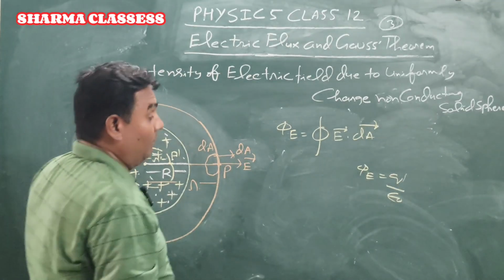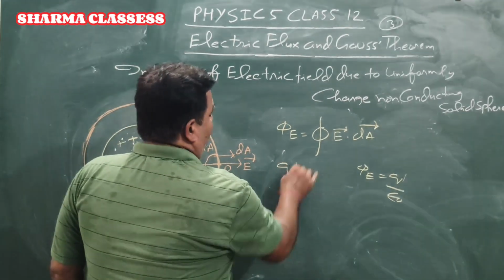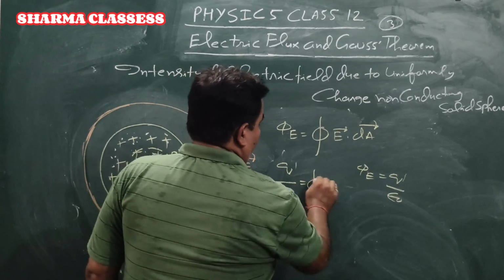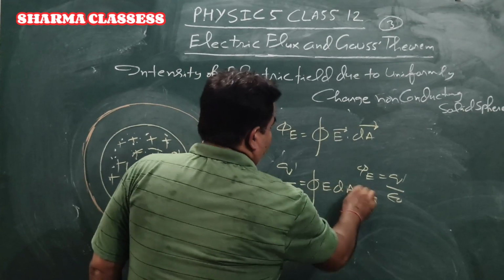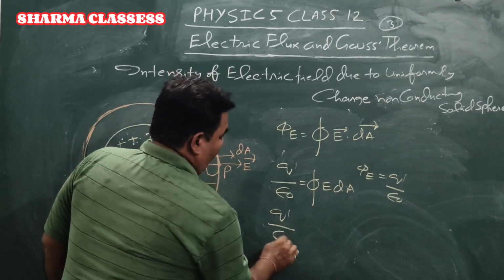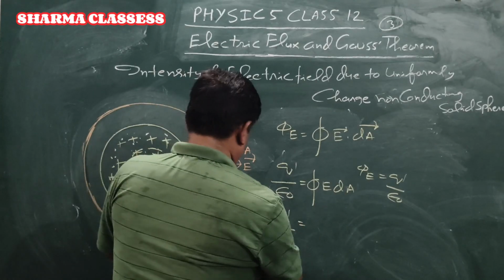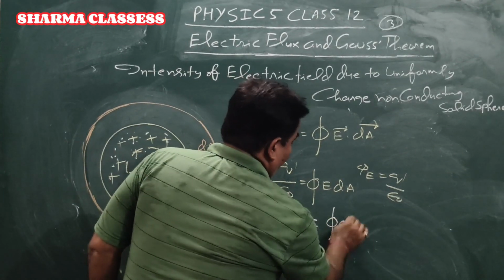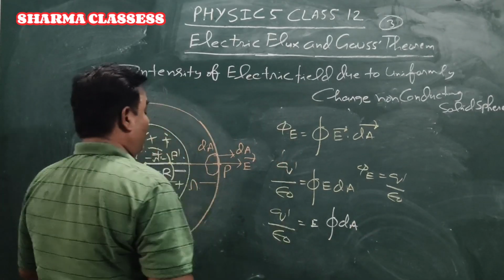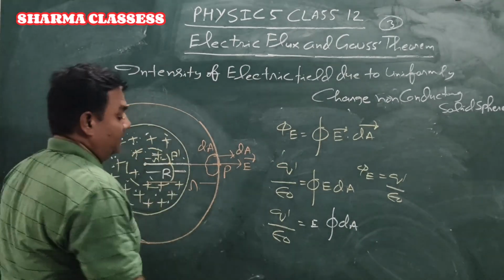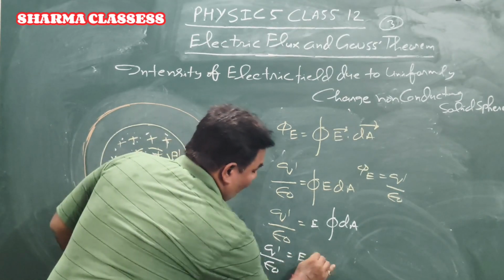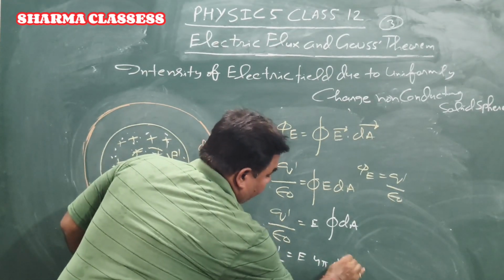We don't know the value of Q dash, but we take Q dash and eliminate it afterwards. Integration E dA is Q dash upon epsilon naught. E is taken out, and the value of integral dA, since the radius is r dash, is 4 pi r dash square.